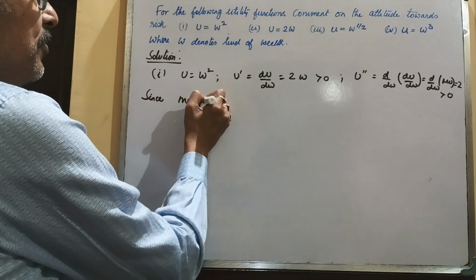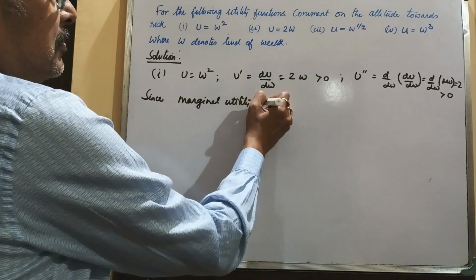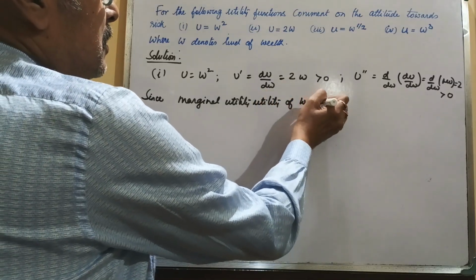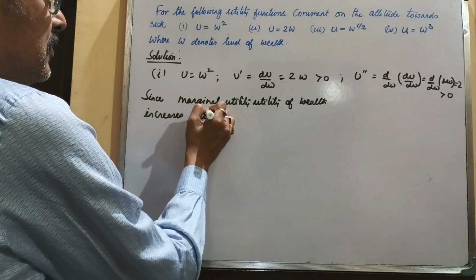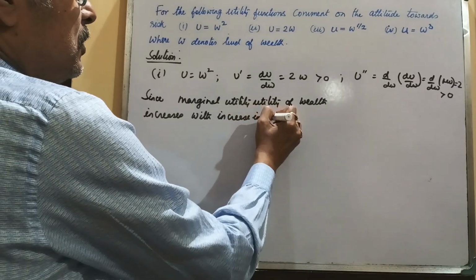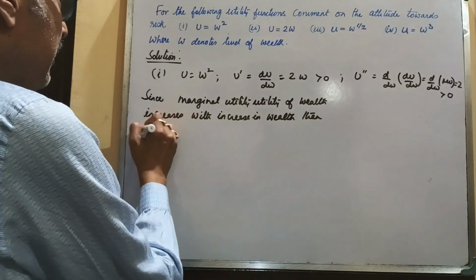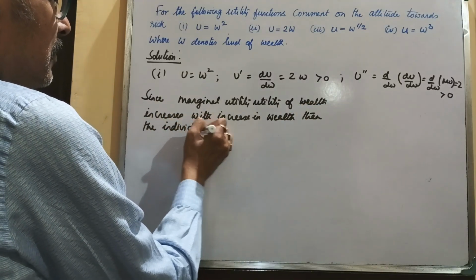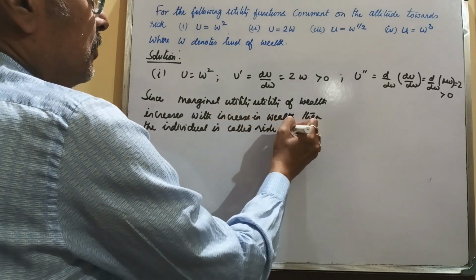since marginal utility of wealth increases with increasing wealth. Then the individual is called risk lover.